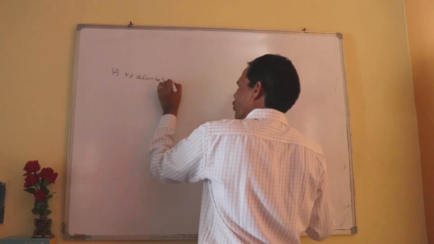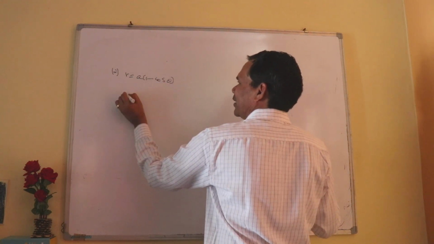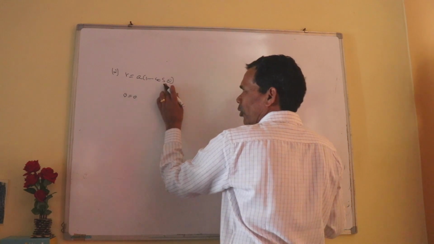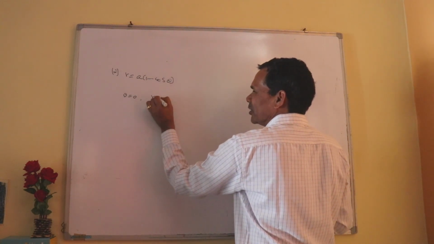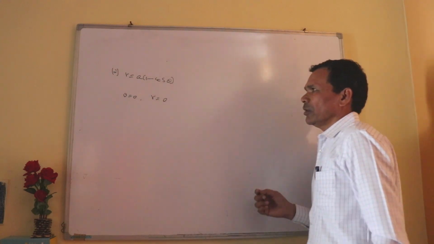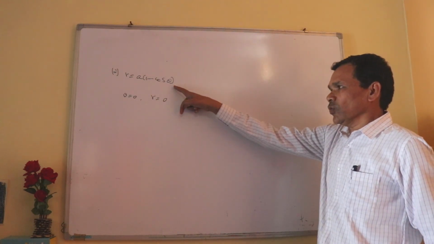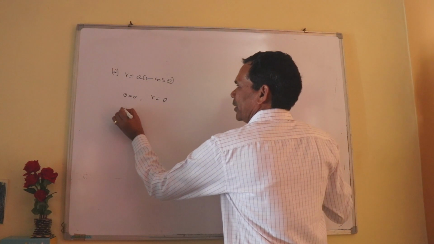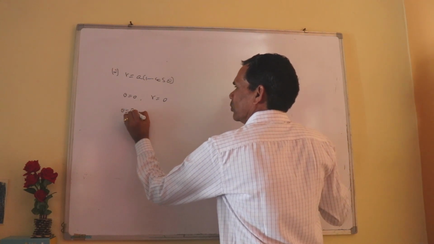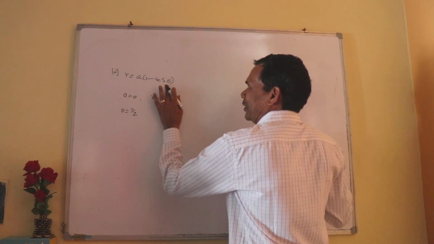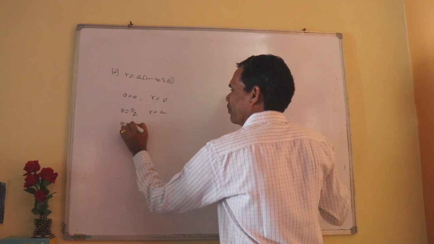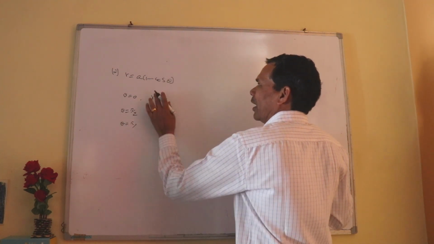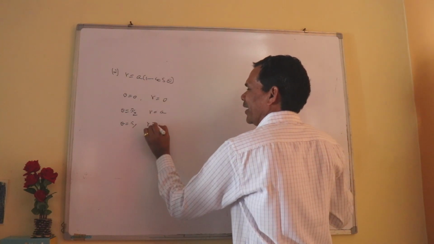Now for 1 minus cos theta, naturally for theta is equal to 0, cos 0 is 1, 1 minus 1 is 0, so r is equal to 0. Theta is equal to pi by 2, cos pi by 2 is 0, so r is equal to a. Theta is equal to pi, so r is equal to 2 times a.